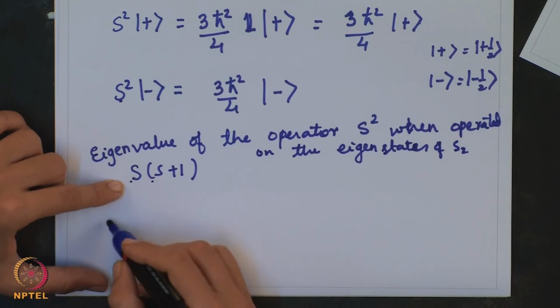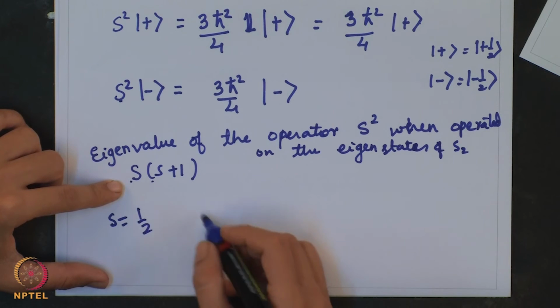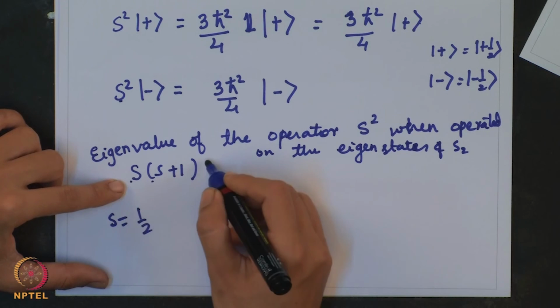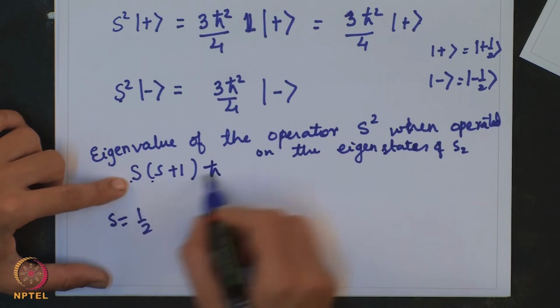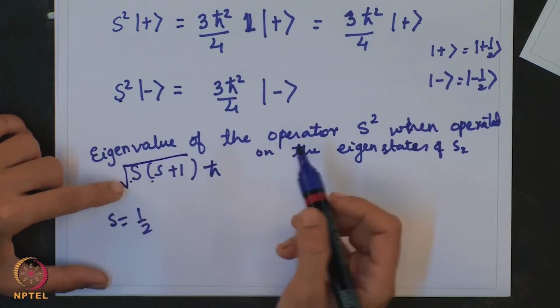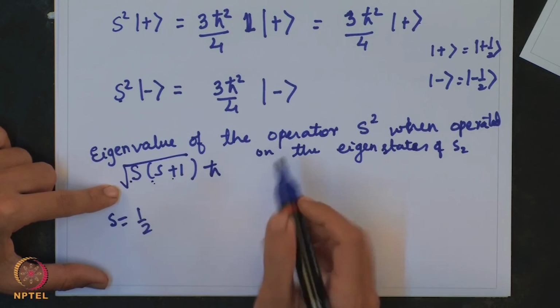So, when you substitute for s as half, what do you obtain? You get the eigenvalue s into s plus 1 times ħ square, actually the square root of s into s plus 1 times ħ, so when you do S square, you have s into s plus 1 ħ square.